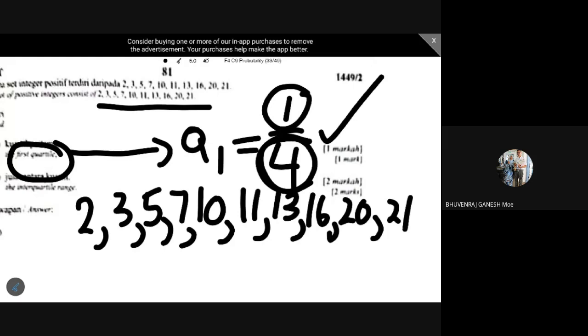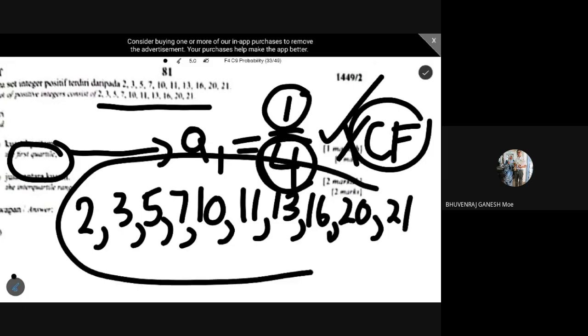Then you have to answer with CF. What is CF, guys? Cumulative frequency. CF is the total of your frequencies. Okay, cumulative frequency. Can you tell me, what is your cumulative frequency in this set of data?